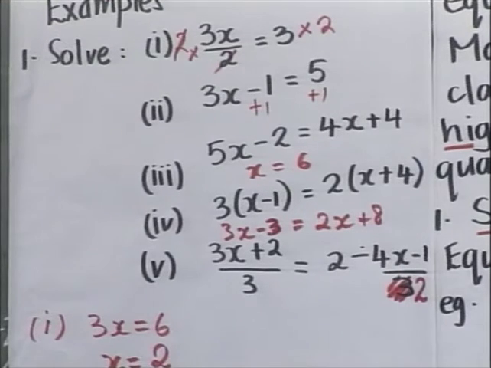Solomon. What do I do with the lowest common multiple of 3 and 2? Divide. If you say divide, tell me. Divide doesn't tell me much. Divide what?